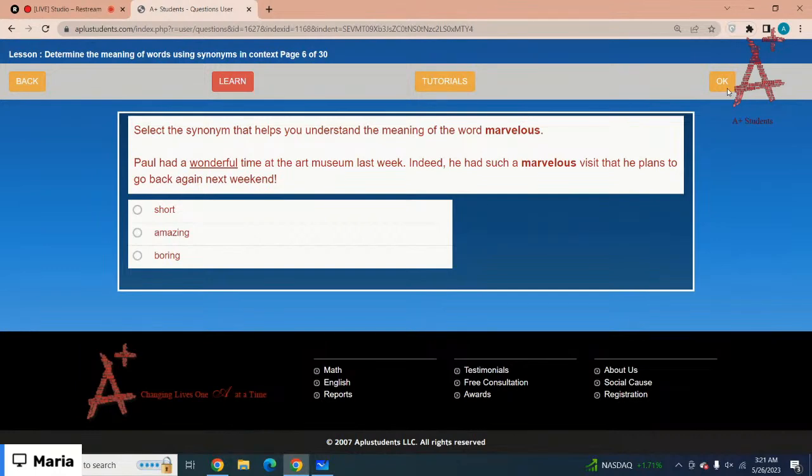Short, amazing, boring. Yes, the word wonderful means amazing.